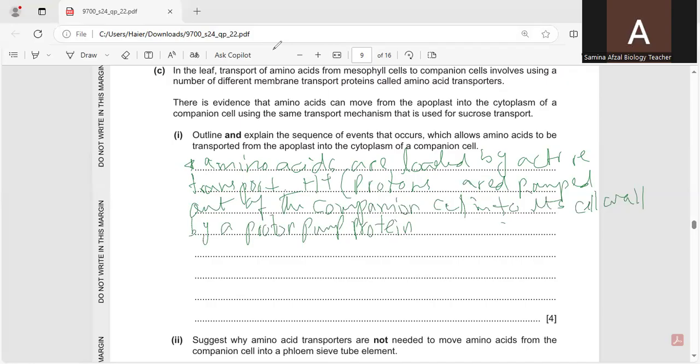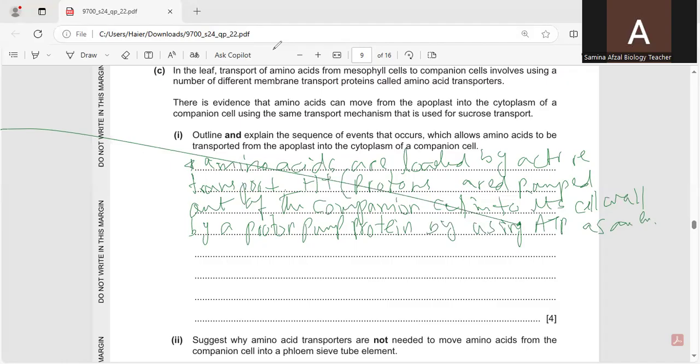So the proton pump uses ATP as an energy source. When there is active transport, without energy the process cannot take place. The proton pumps are proteins found in the cell surface membrane.